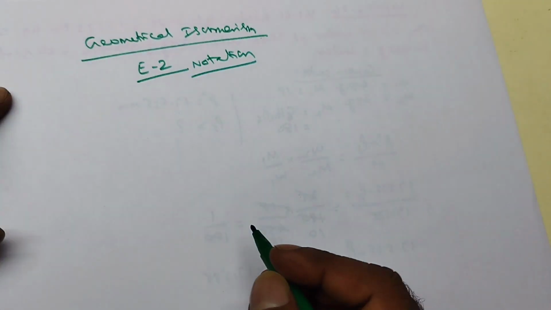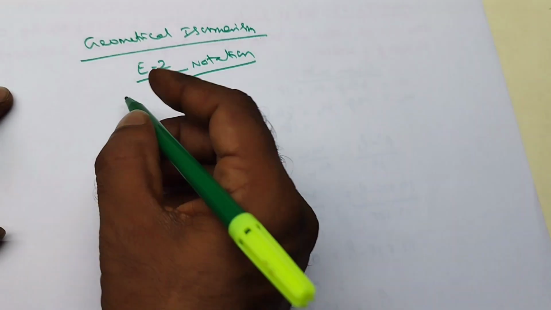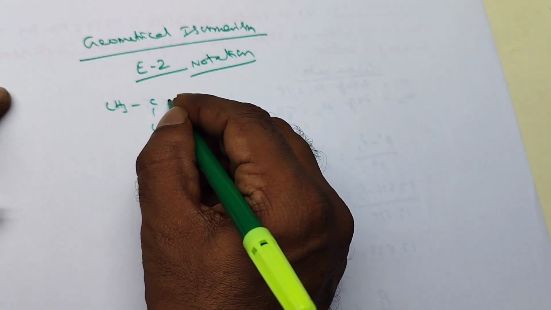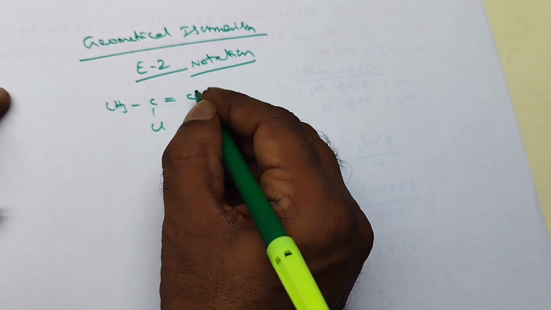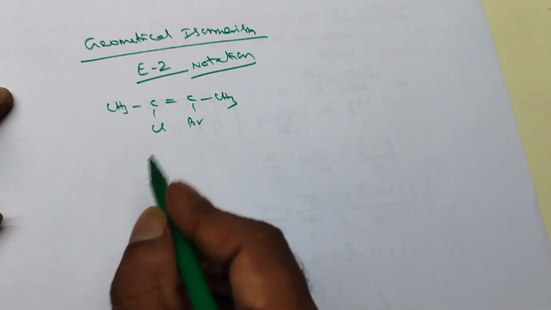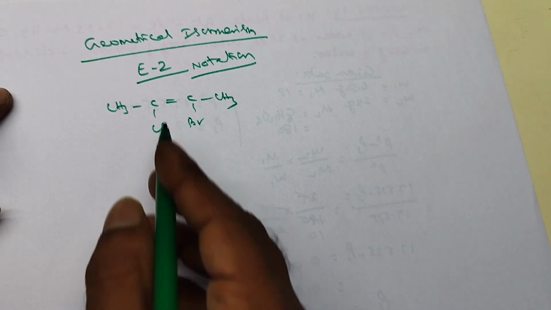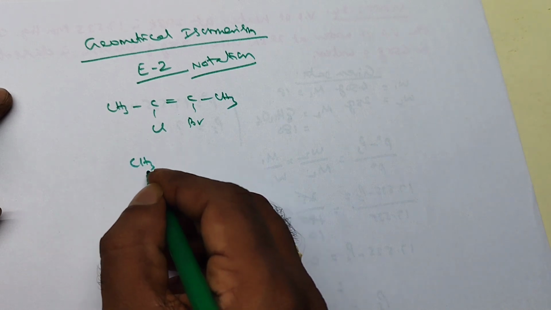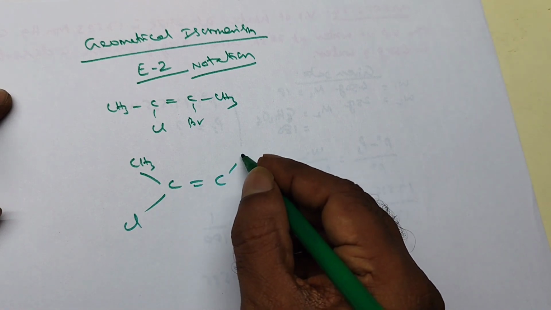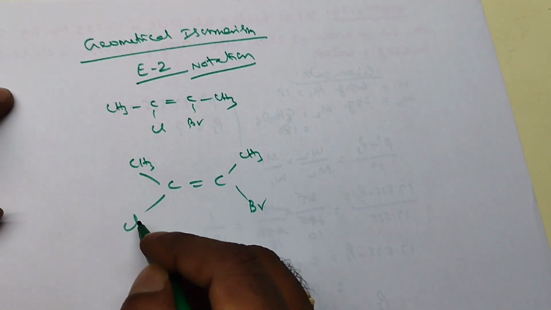This is similar to cis-trans isomerism, but we use E-Z nomenclature when, for example, we have CH3, C, Cl, double bond, C, Br, CH3. This is an example of 2-bromo-2-chlorobutene. Now you have to give priorities 1 and 2.